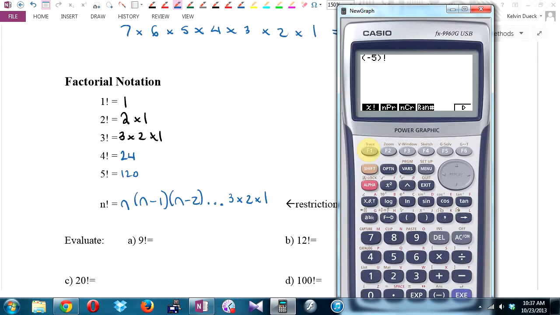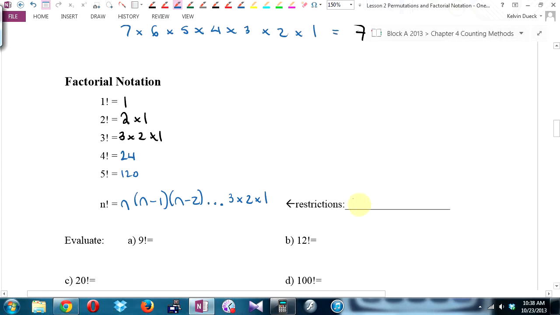So, restrictions. N has to be bigger than or equal to 0. Try 0 factorial. Does that work? Okay. Ready? And this time you're not going to talk when I give it away. Look up.